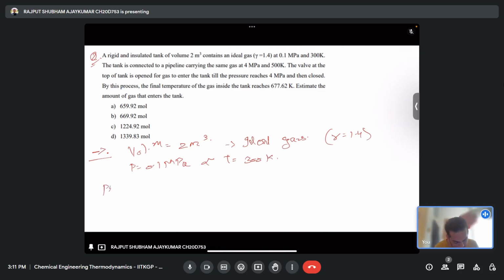The pipeline is at 4 megapascal and temperature equal to 500 Kelvin, while at the top of the tank, pressure is 4 megapascal.